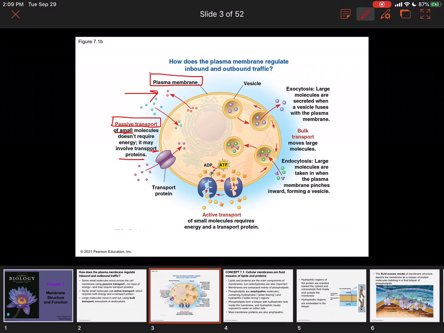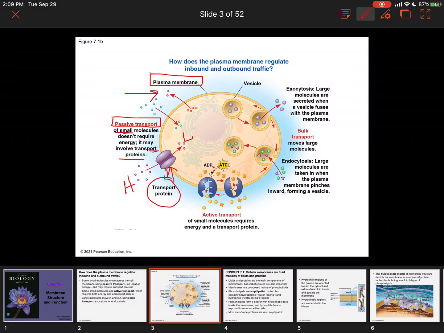Here's an example of a transport protein right here, and we see that our number of molecules is higher on the outside of the cell. We've got a lower number on the inside of the cell, and so those molecules are moving to the inside of the cell, and we'll talk about a few terms that go along with that process in a few minutes.